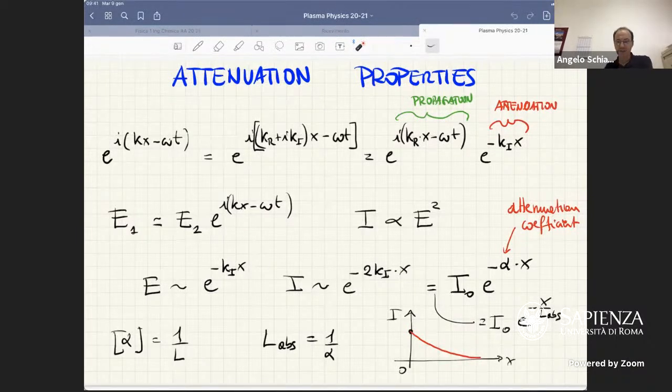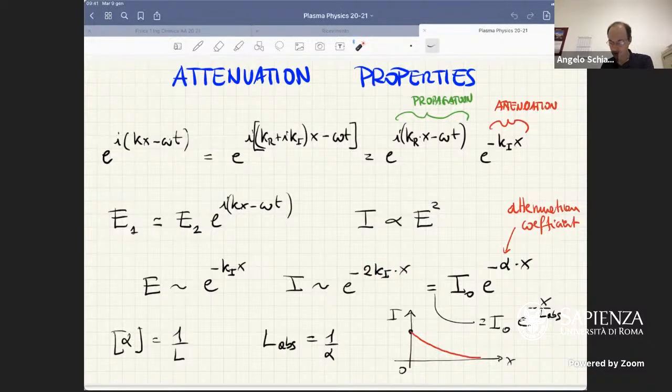And we can describe this in terms of two quantities. First of all, alpha, the attenuation coefficient, that by comparison we see is equal to twice the imaginary part of the wave number.